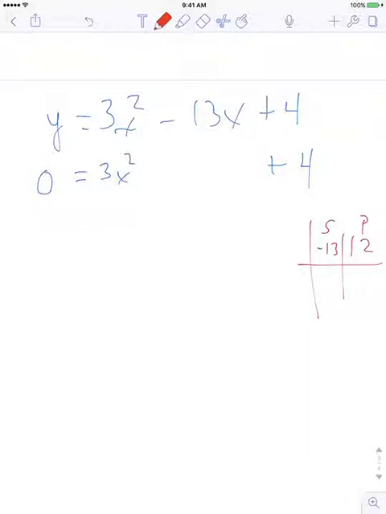So right now we have 1 and 12. And now if we make these both negative, negative 1 plus, because it's a sum, negative 12 is negative 13. And negative 1 times negative 12 is positive 12.